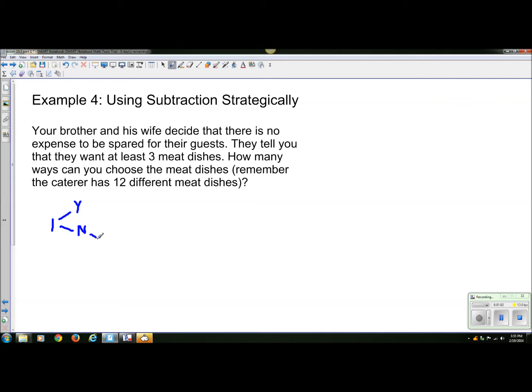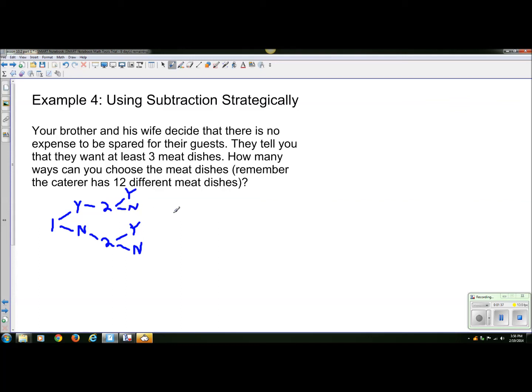Then we look at meal number 2, and we could either say, yeah, I want meal number 2. Maybe it's beef stroganoff. Or no, I don't want meal number 2. And if you'd said yes to meal number 1, you'd have the same options, really. You could say, yes, I want beef stroganoff. Or, no, I really don't want beef stroganoff.